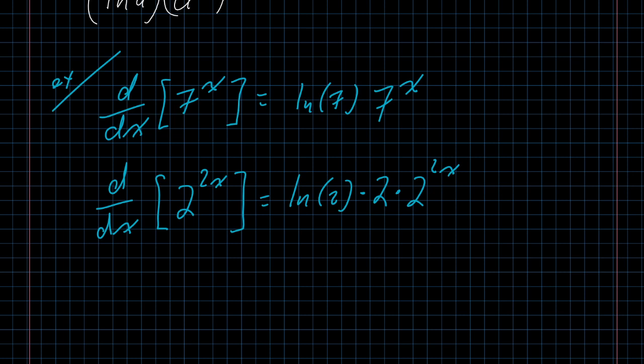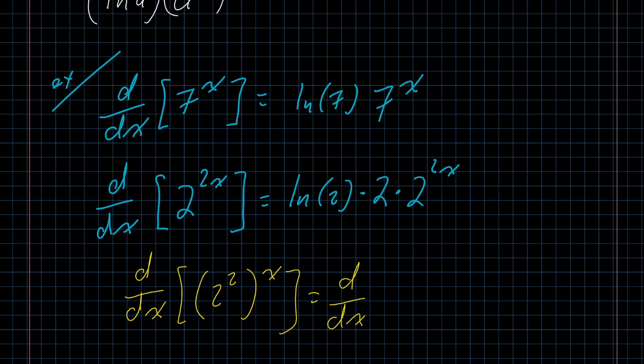And the reason I said this is interesting is because if I used properties of exponents here, 2 to the 2x is the same thing as 2 squared to the x, which is just 4 to the x.